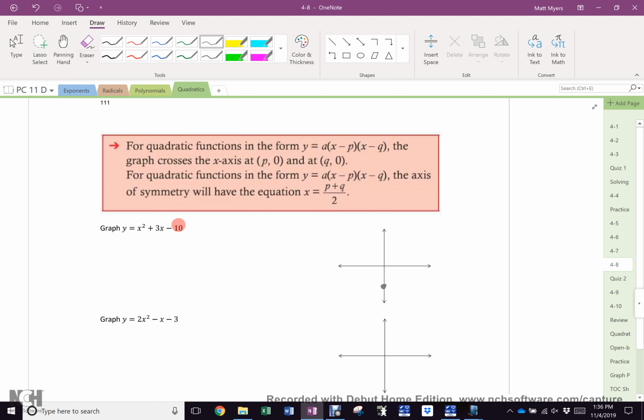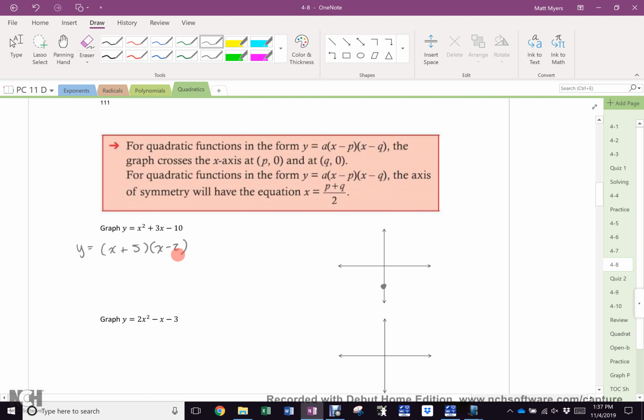Is it a good candidate for negative b over 2a? Is it a good candidate for this move? Why again? Still going to give me a fraction. So we should try to factor it. Can we factor it? What does it factor to? X plus 5 and x minus 2, right?